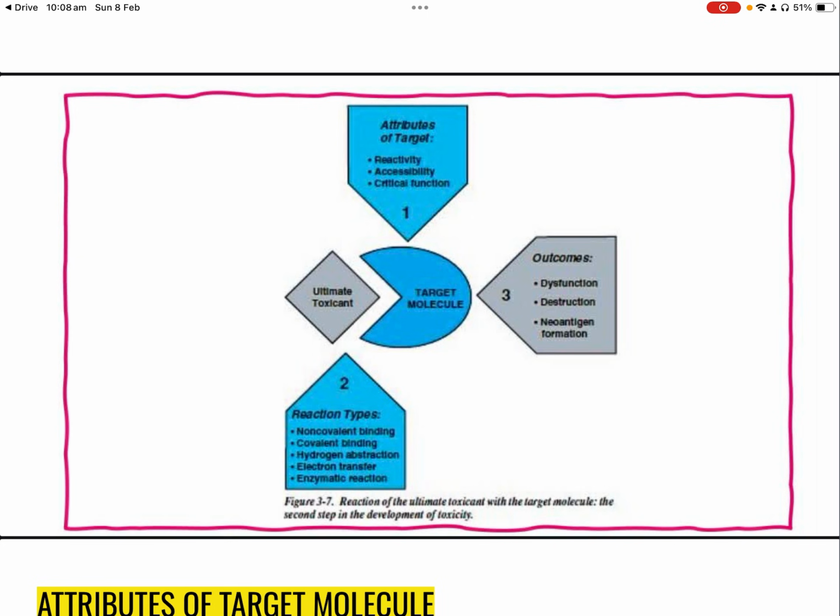A target molecule, which a toxicant would attach itself to, depends on its reactivity, accessibility, and critical function. Then the reaction types, or how it binds to the target molecule: non-covalent binding, covalent binding, hydrogen abstraction, electron transfer, enzymatic reaction. And then the outcomes: dysfunction, destruction, and neoantigen formation.